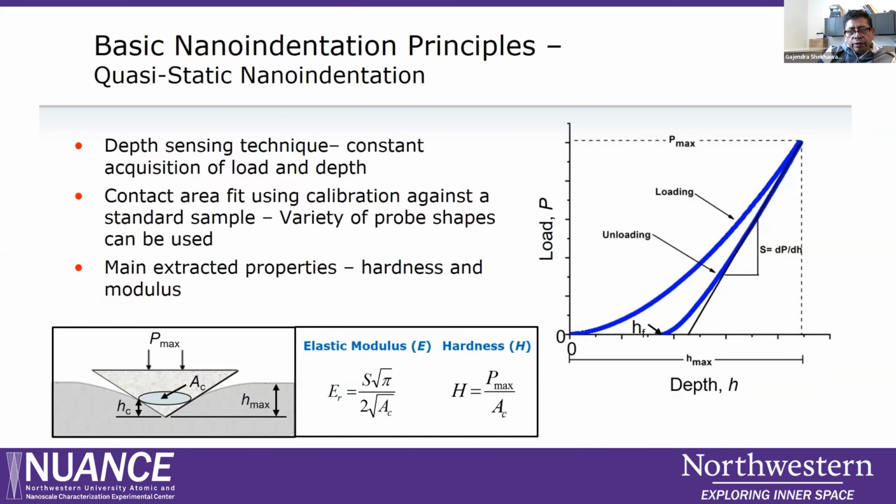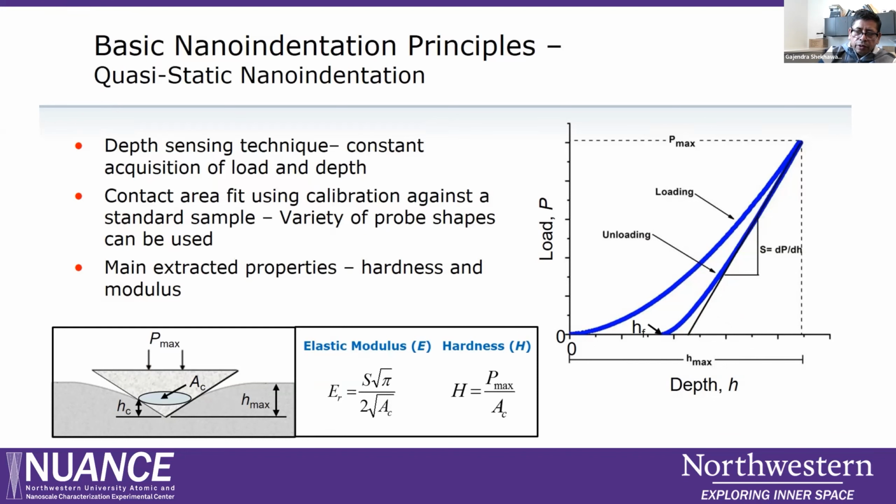Before I go there, this is the basic principle of indenter systems. It is mostly a depth-sensitive technique, and we acquire load versus displacement in the vertical direction, giving a loading-unloading curve. During the unloading part of the curve, we do a fitting and calculate the contact stiffness.